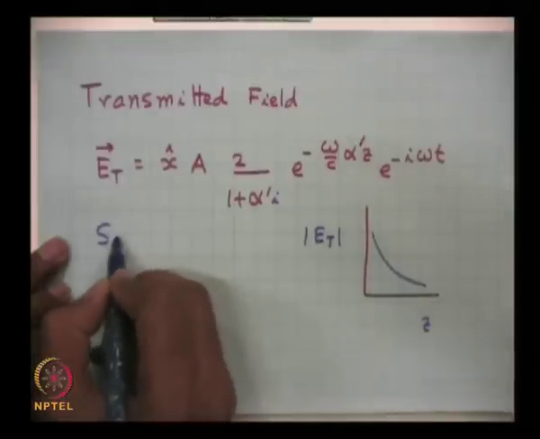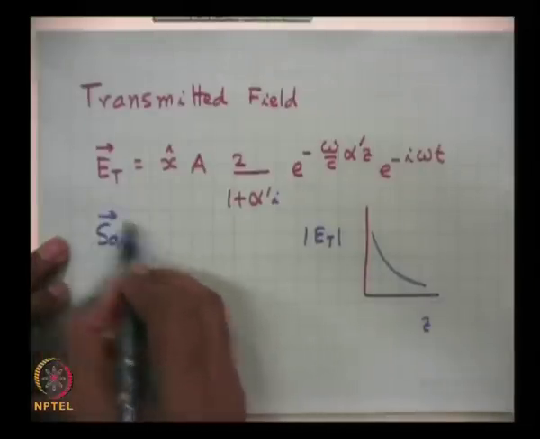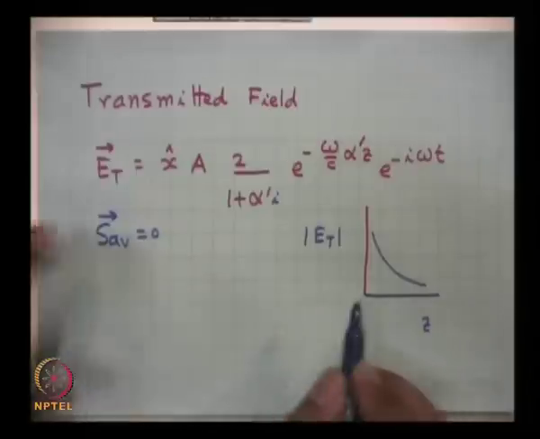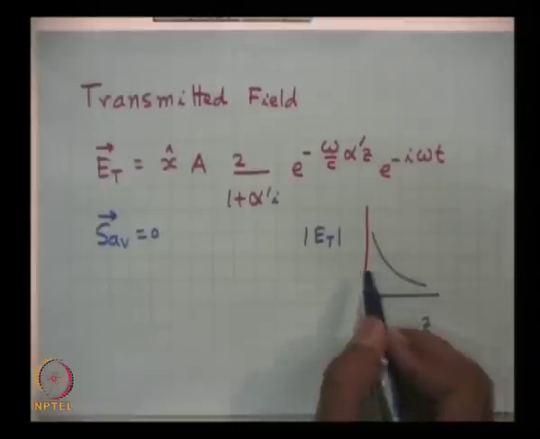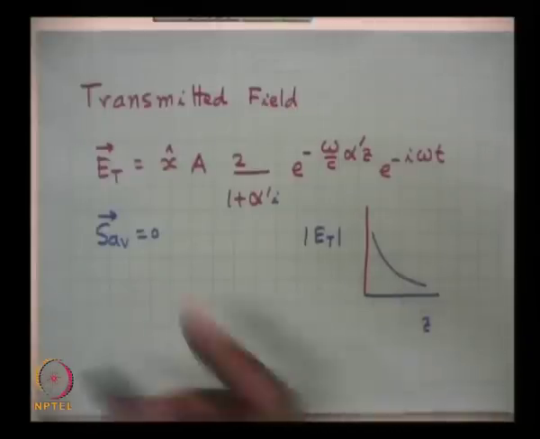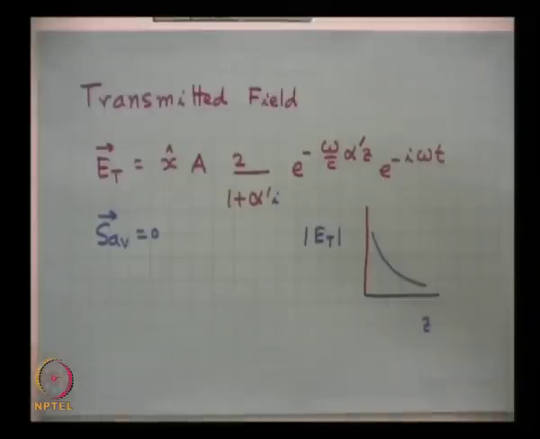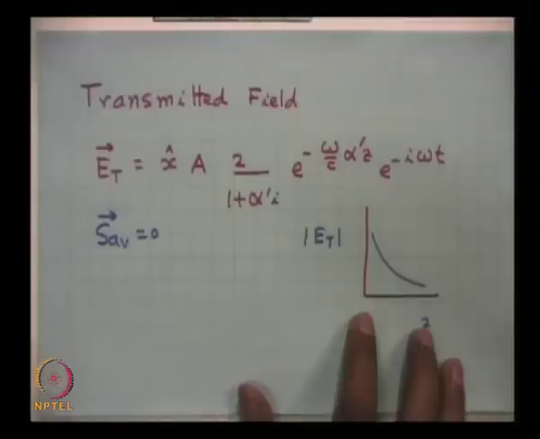So, S average is 0 in the transmitted medium. I am talking about the steady state, and eventually, so there is no power transfer over there if there is no collision. I think further details of such situations we will discuss when we consider specific cases. That is all for today. Thank you.